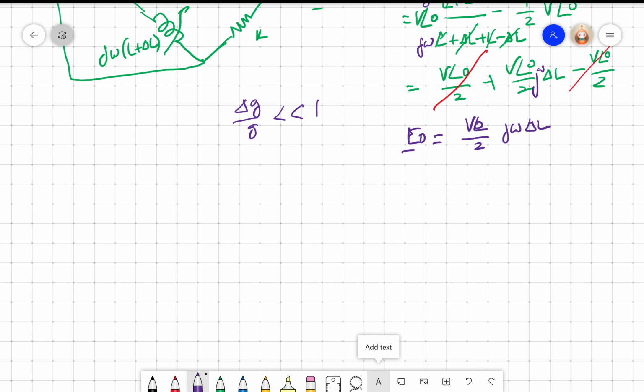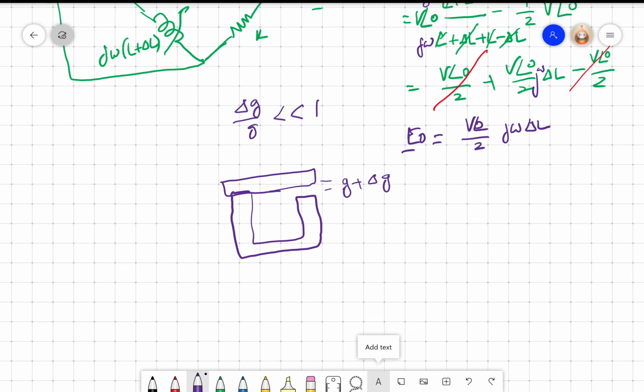There's also another signal conditioning circuit apart from the bridge. This is quite old, we no longer use it. So if we remember, this is G, I'll simply put plus delta G, so that it's easy. I have a coil here, and this is Li.